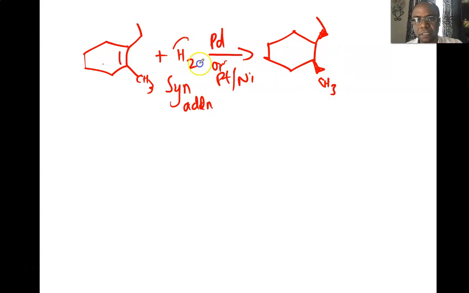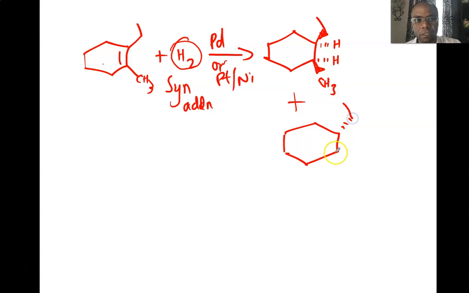And then the hydrogens were added from the bottom, both of them at the same time from the metal catalyst complex. But you still have the other option where the hydrogen atoms will add from the top, which means the existing alkyl group or substituents will be flashed down because the hydrogens added from the top face.